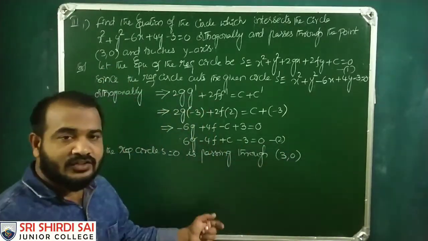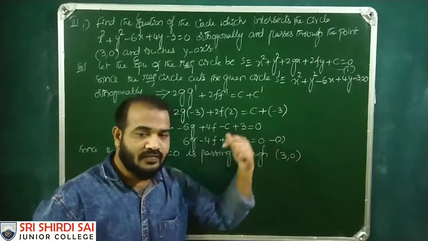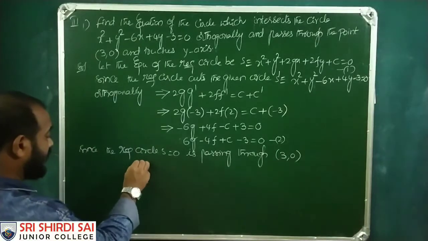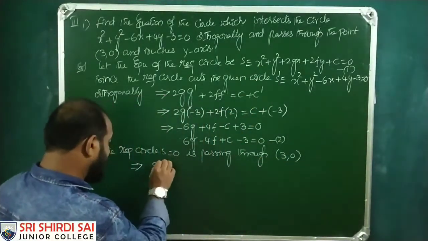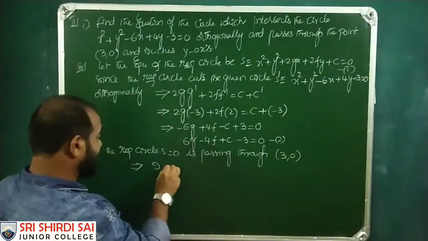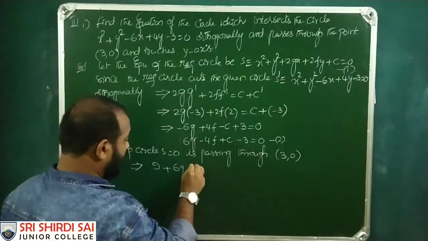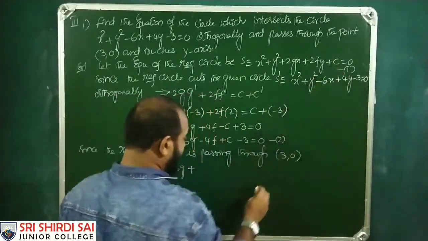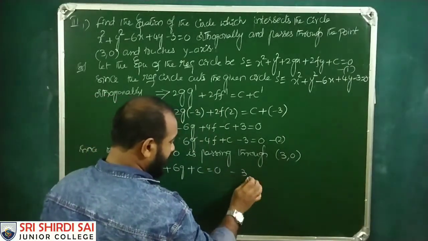Whenever a circle passes through a point, the point has to satisfy the equation of the circle. So that is x square, 3 square, 9, y square, 0 square, 2g into 3, 6g, 2f into 0, 0, plus c equals 0. Let us take this to be the third equation.